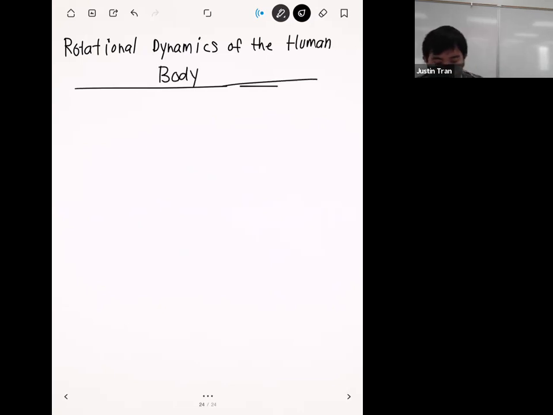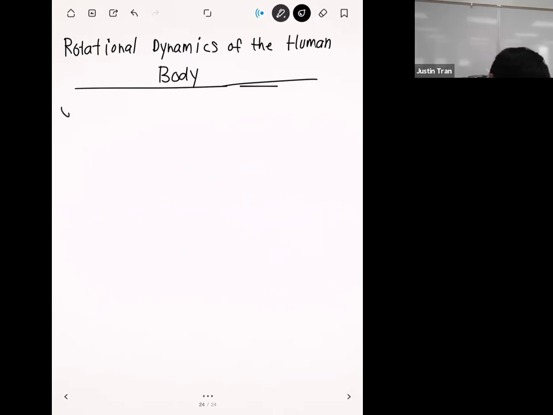In terms of usefulness to actually quantify human movement, I would say rotational dynamics are a lot more useful, okay? There's a lot that we can do with linear dynamics, and we just got done talking about that. But rotational dynamics is really when you start to dive into the nitty-gritty of actual limb motion.